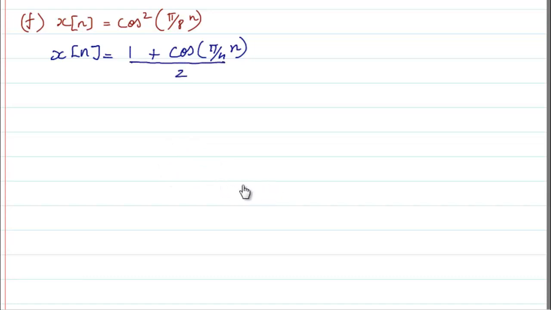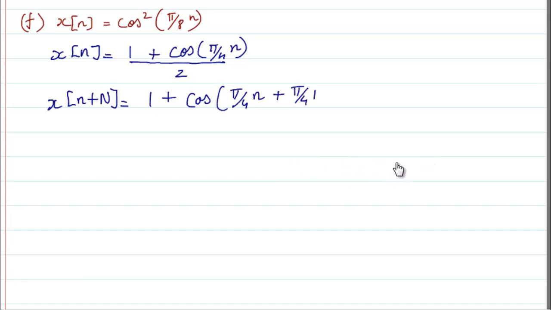And then we have the second equation, which is x of small n plus capital N, that will be equal to 1 plus cos of pi by 4 n plus pi by 4 capital N, divided by 2.